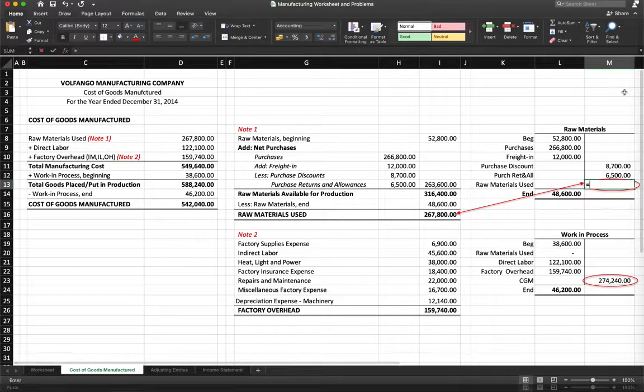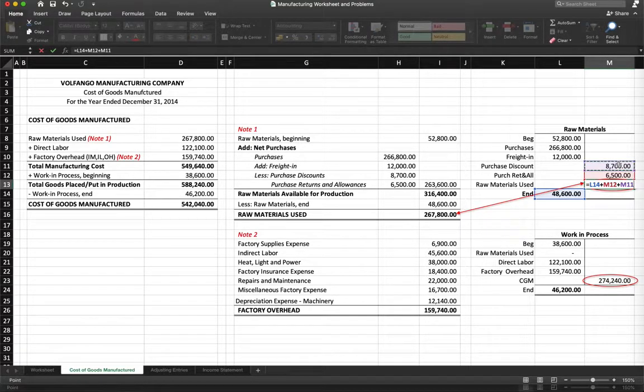Pag work back, add purchase returns and allowances, add purchase discount, less freight in, less purchases, less beginning balance, you get 267,800.